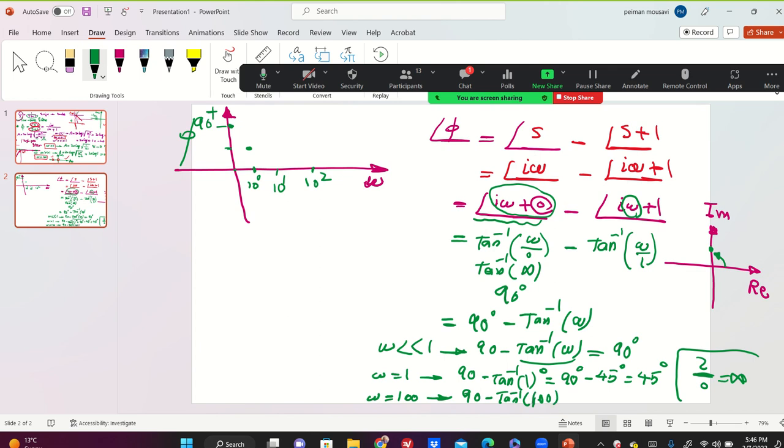Which angle gives you a huge number, say even 1000? 90. It's going to be 0. Here we go. So it's going to be like this. Here's plus 45.